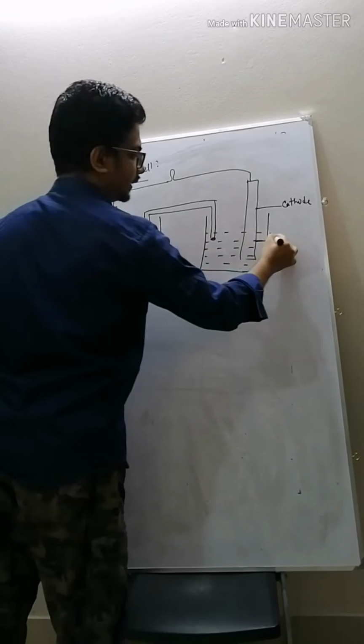Here we have to balance this reaction. Here we have 2 atoms of hydrogen and 3 atoms of oxygen. If you want to balance, we have to multiply it by 2, and here the amount of hydrogen is 4 atoms and the amount of oxygen is 4 atoms. That means we have to multiply it by 4.